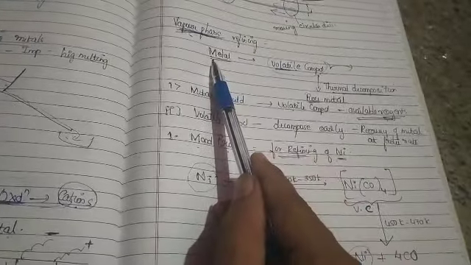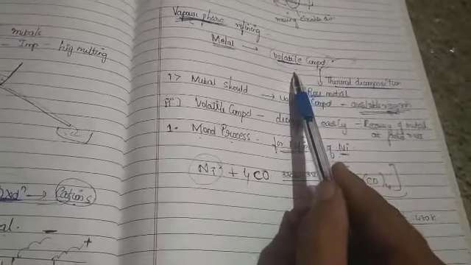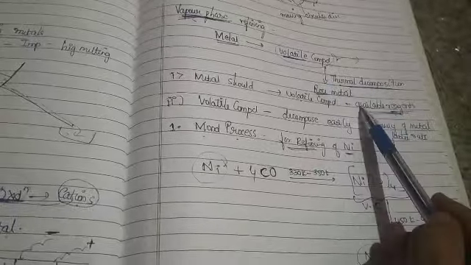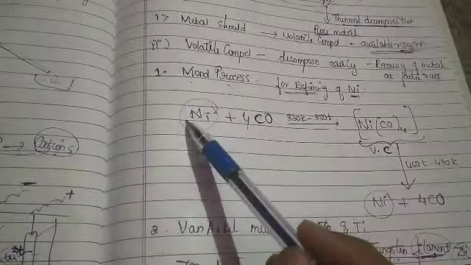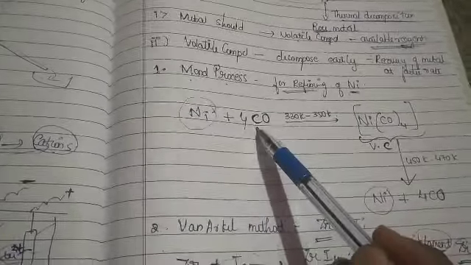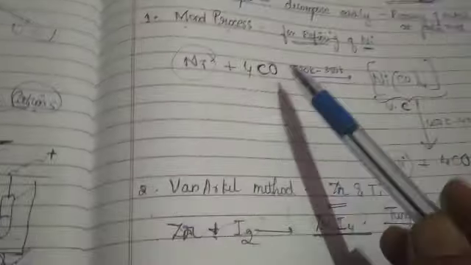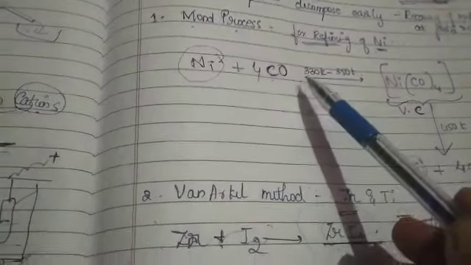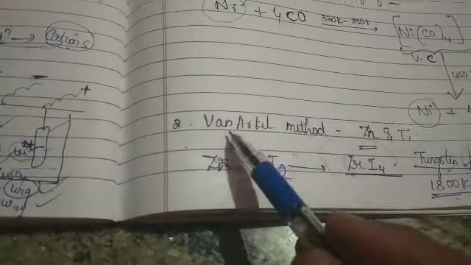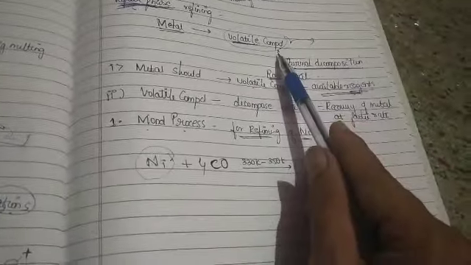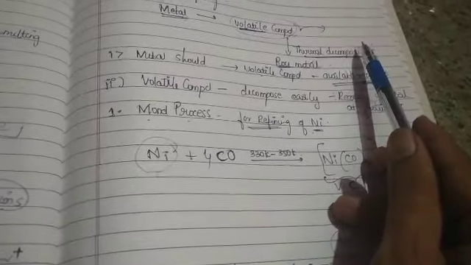First, you convert your crude metal to a volatile compound by utilizing the available reagents. In Mond's process, we have seen the reagent is carbon monoxide, and in the Van Arkel method, it is iodine.